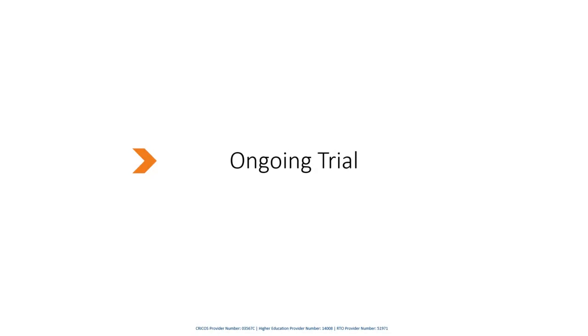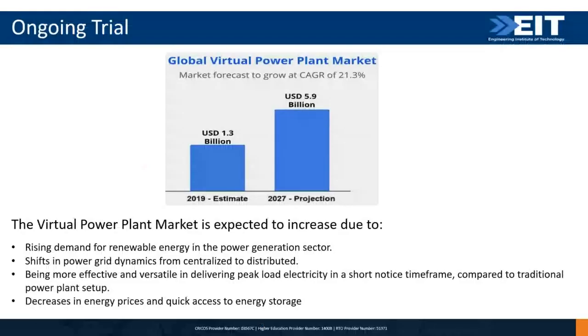Finally, what are the VPP ongoing trials and how will the VPP market be in the future? This figure shows the global virtual power plant market size in 2019 and what is estimated for 2027.